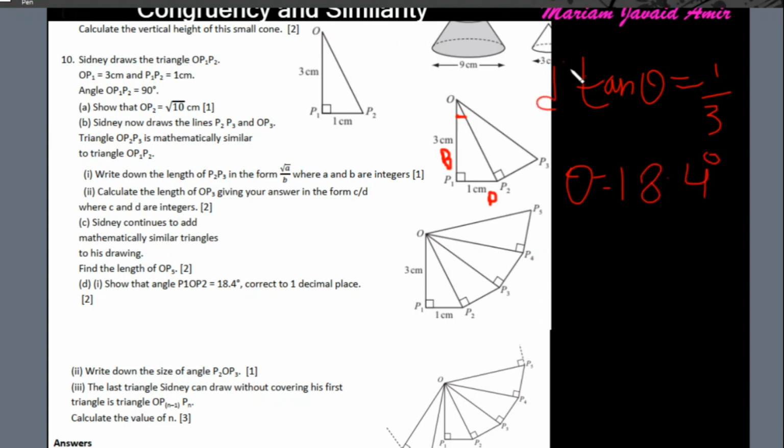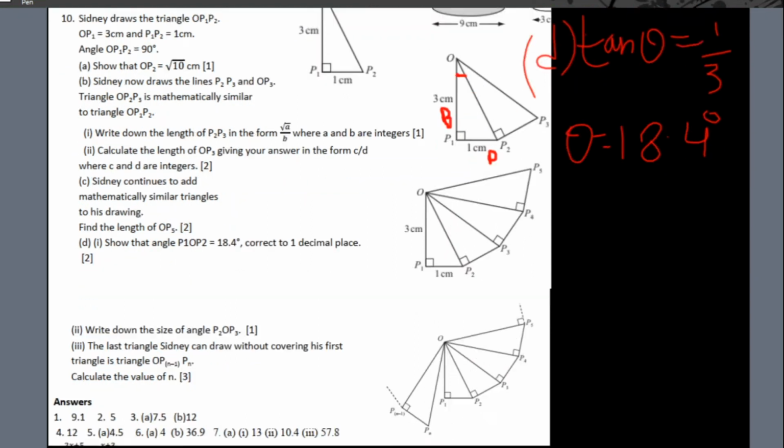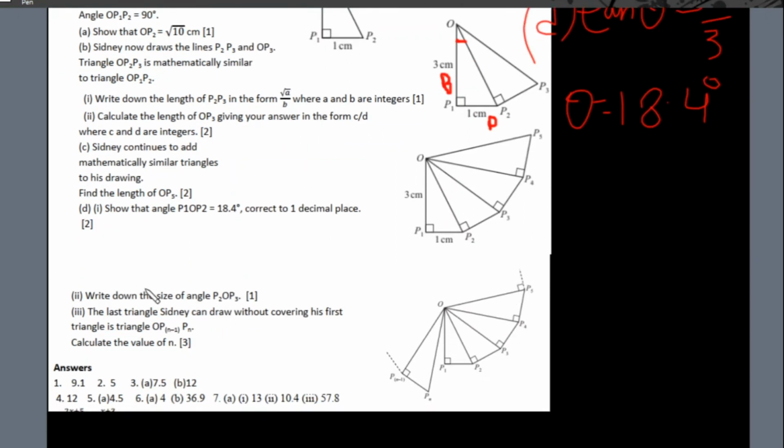This was part D. Part D2: write down the size of P2OP3. Since these are similar triangles, the corresponding angles are the same, so we should get the same value for this angle, which will be 18.4.